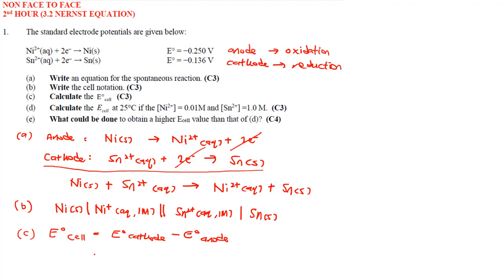Okay, so what we need to do, cathode dia punya value adalah negative 0.136 volt minus untuk anode negative 0.250 volt. Okay, so the answer that you should get is positive 0.114 volt. Okay, alright. So ni adalah inert cell.